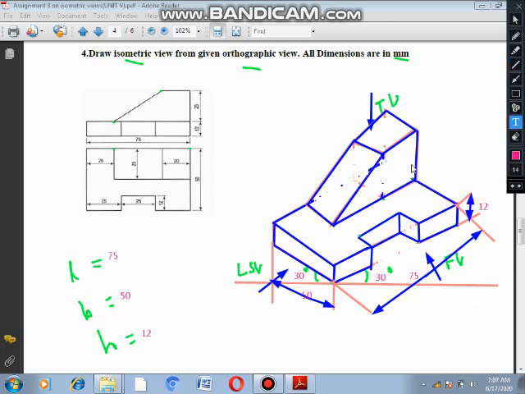Okay, and this one height should be 25. This is the 25. This height should be 25. Total 37 height. Total 37. This is 25. Okay. Right. This is the total diagram for this diagram.